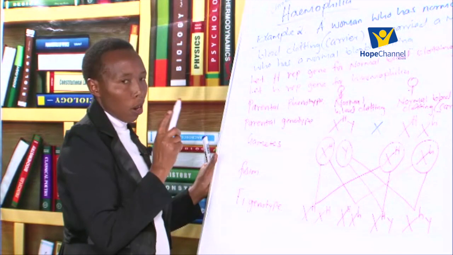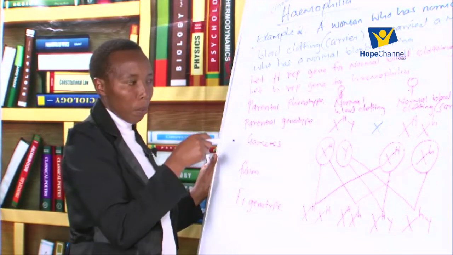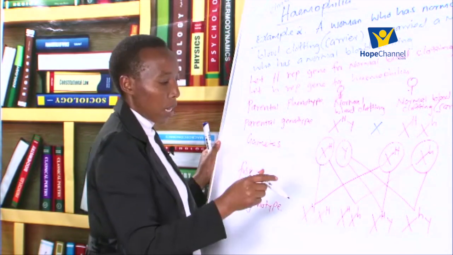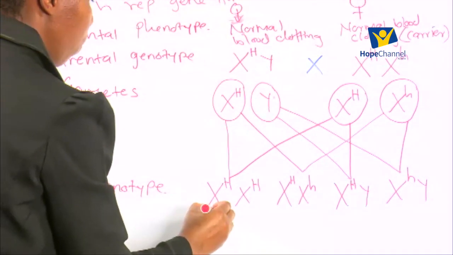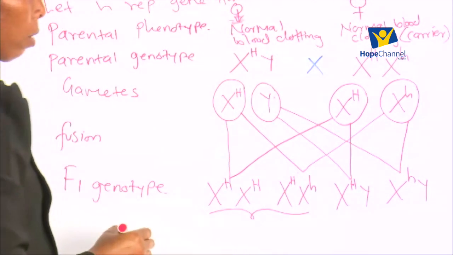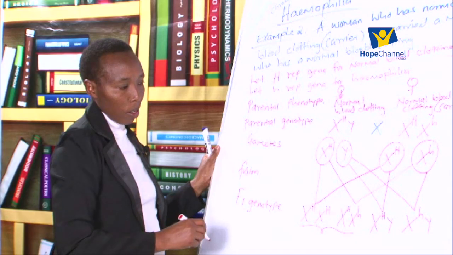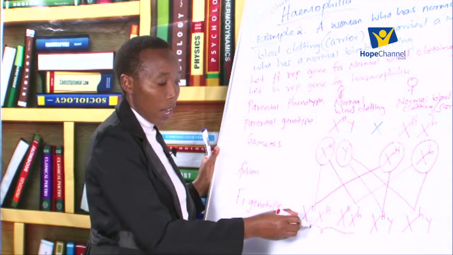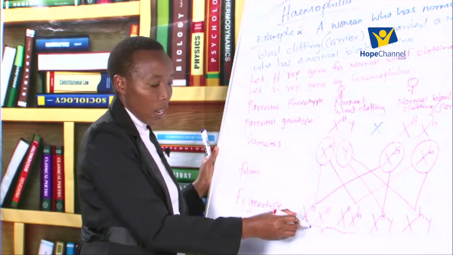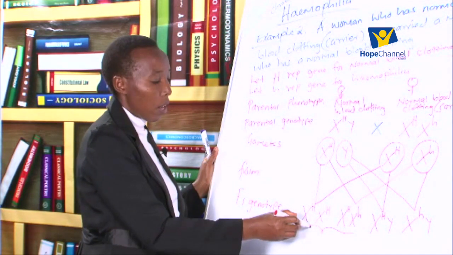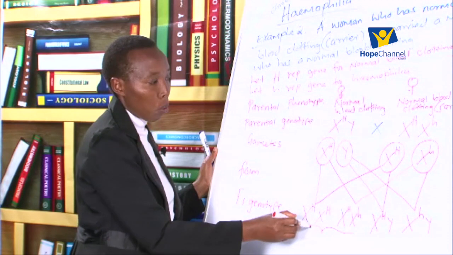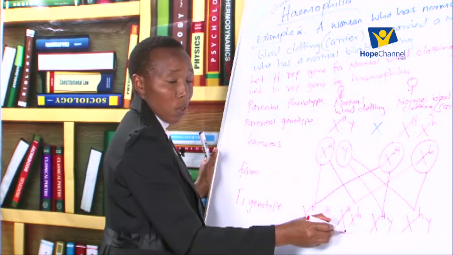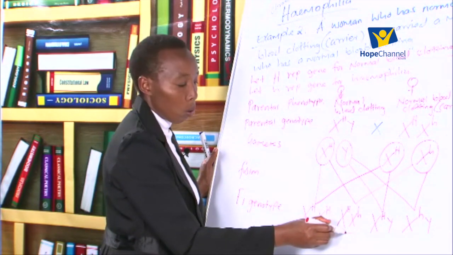So all girls in that family will have a normal blood clotting, although the girl can either be homozygous for normal blood clotting or heterozygous for normal blood clotting.